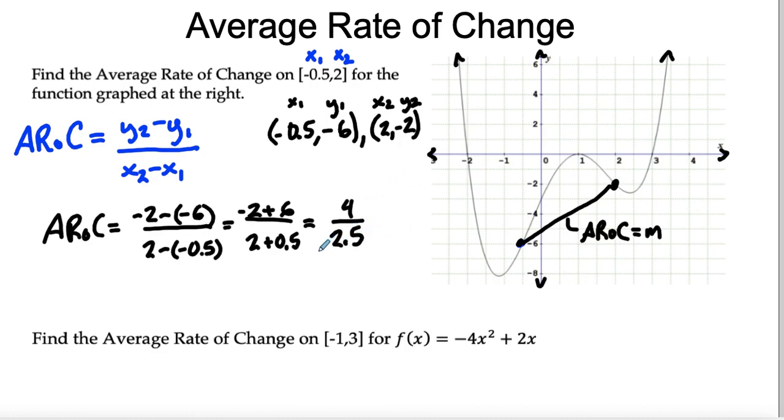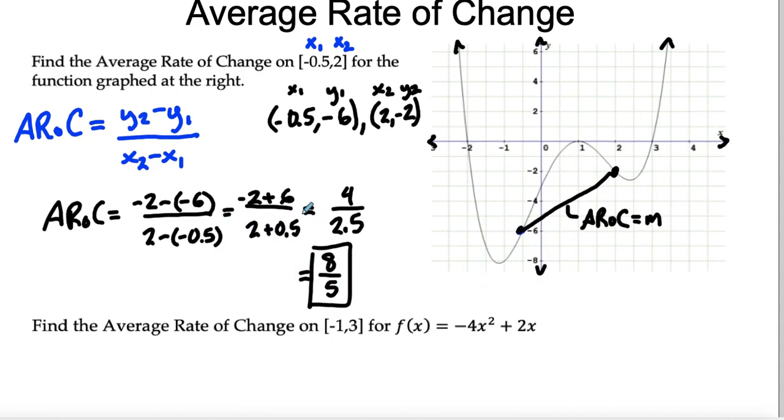Whenever you have a fraction like this with a decimal, I would just multiply both of these by 2 to get a normal fraction. So the average rate of change is 8 over 5. That makes sense because if you look at the slope of this, it looks like about 8/5.